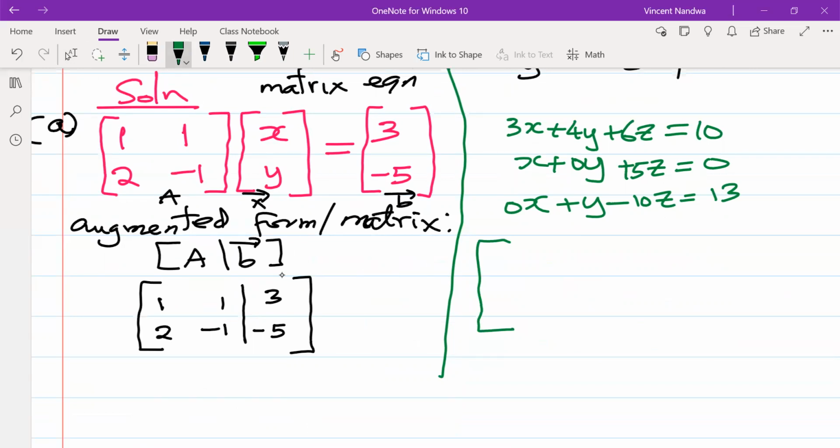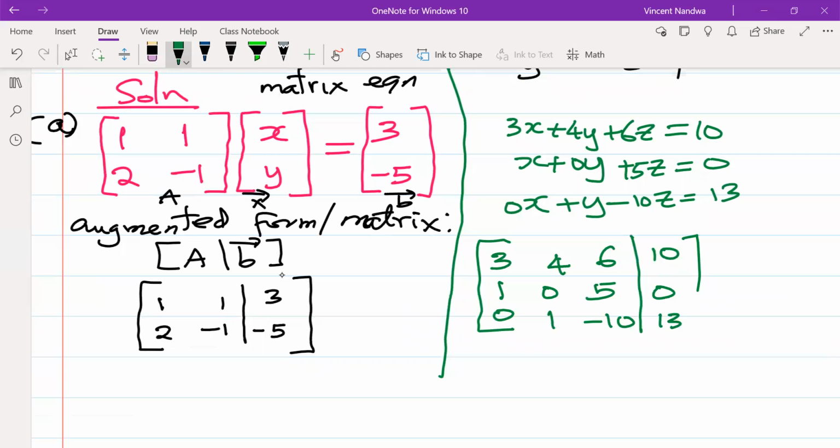From the first equation, the coefficient of x is 3, y is 4, z is 6. Then we have 1, 0, 5, 0, 1, minus 10. This is 10, this is 0, and then this is 13. So this is the augmented matrix or augmented form.